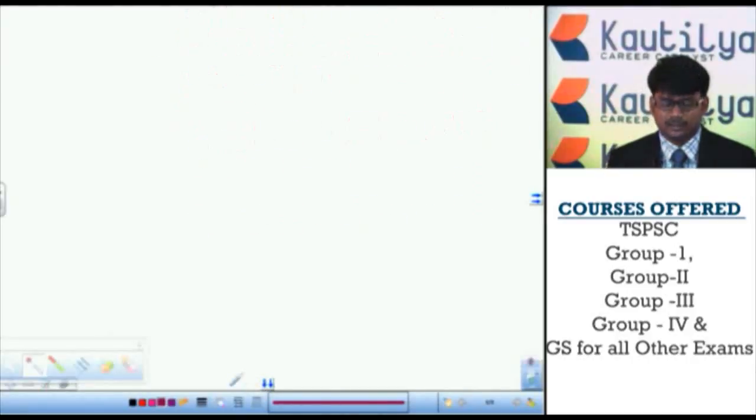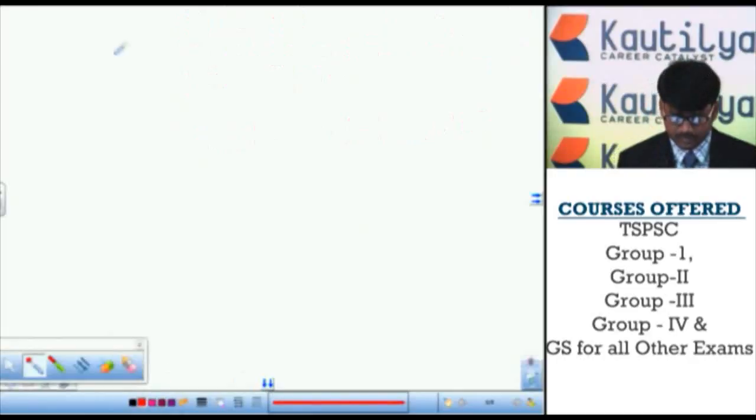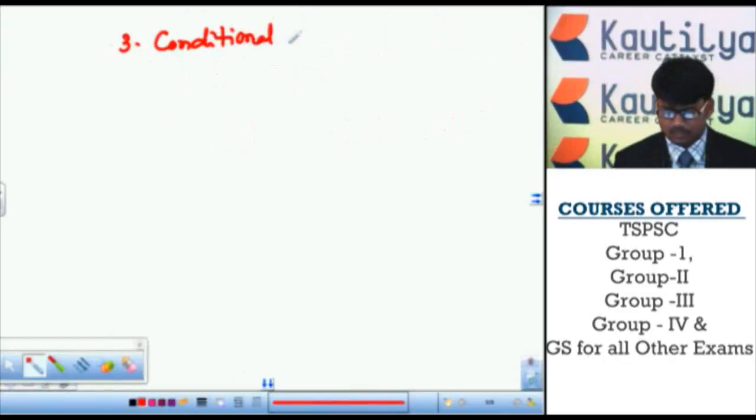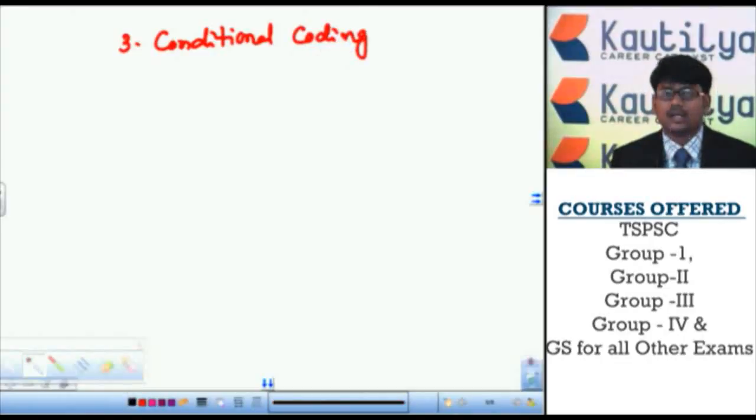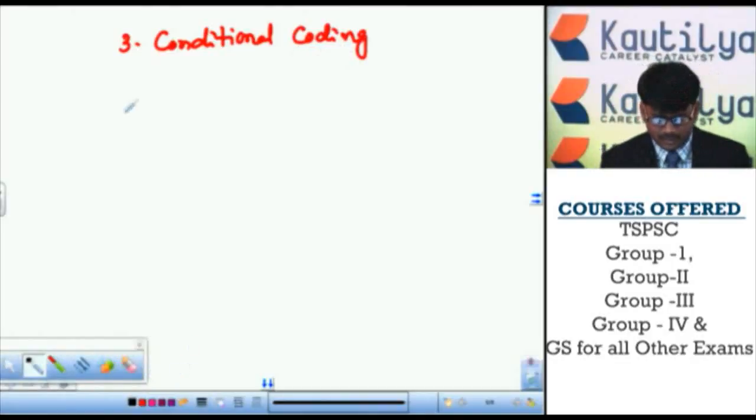Next, the third one is conditional coding. For example, in conditional coding they give letters in one row and numbers or symbols in another row.